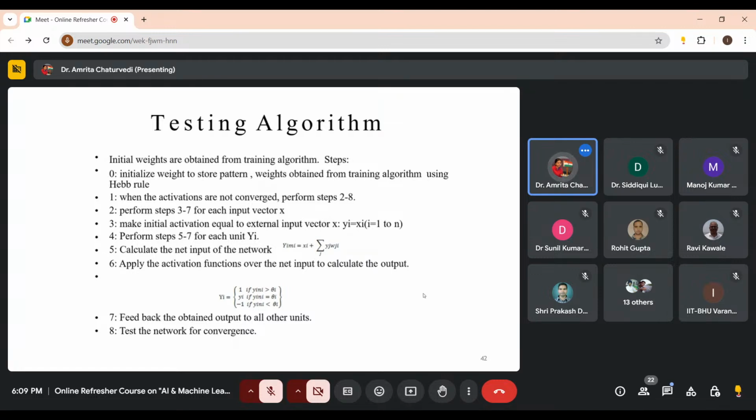Calculate the net input of the network, that is yini = xi + Σj yj wji. Then apply the activation function over the net input to calculate the output. So yi = 1 if yini > θ, yi remains unchanged if yini = θ, and yi = -1 if yini < θ. Then feed back the obtained output to all the other units and test the network for convergence.